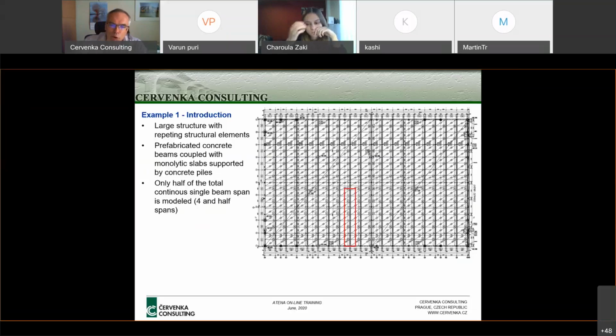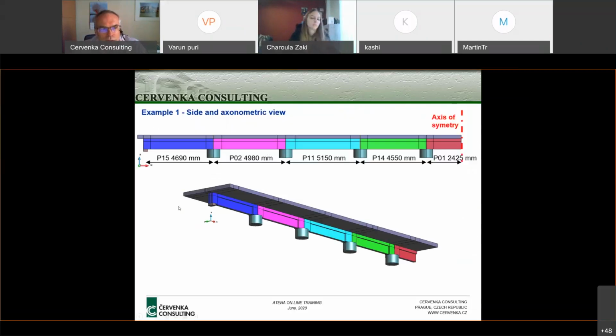We are focusing on this because it's a big structure. Of course, we could analyze the whole thing, but we really want to simulate the strength of this continuous beam, which is supporting the slab. And all of the beams are the same, so it is possible to focus on only part of the structure. So this is the continuous beam I'm talking about.